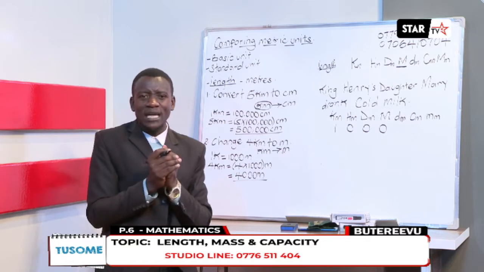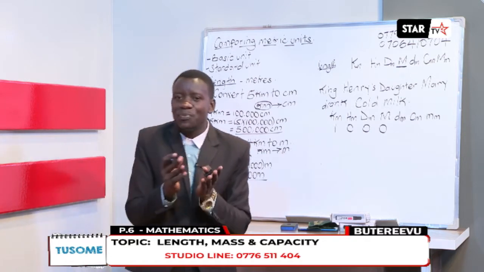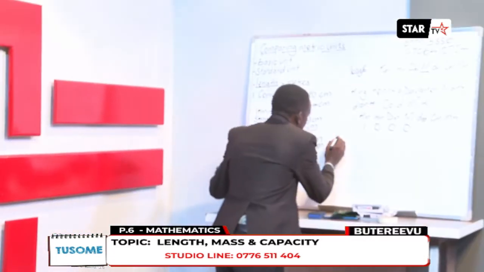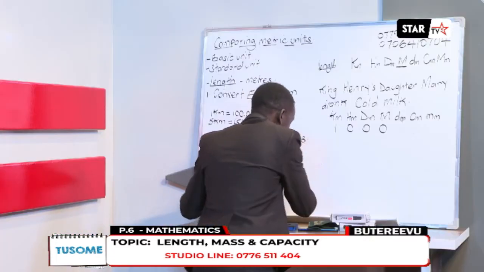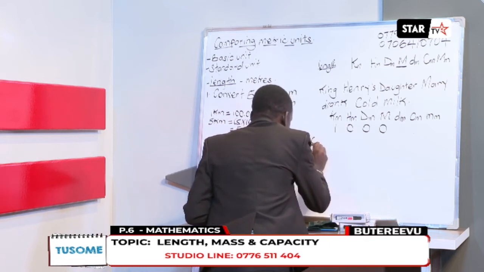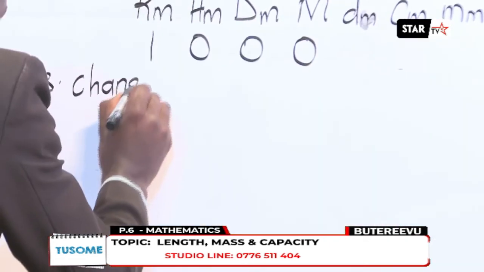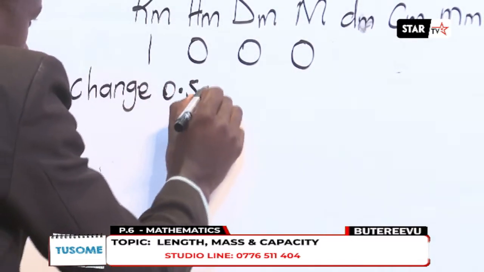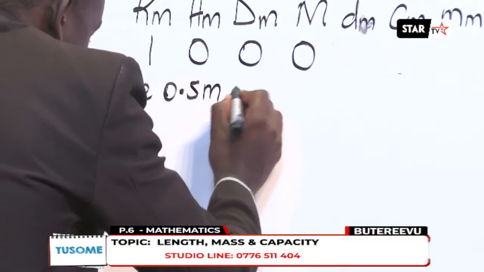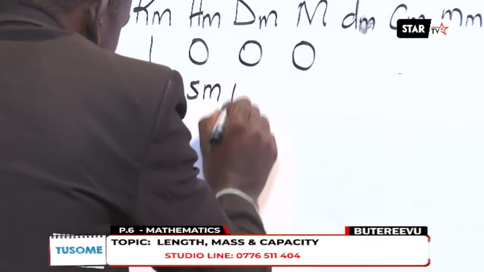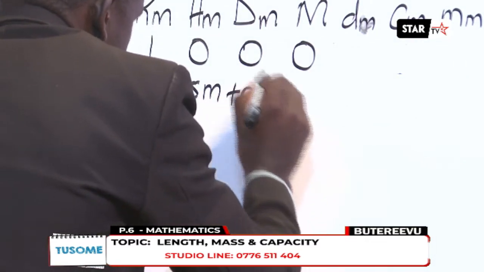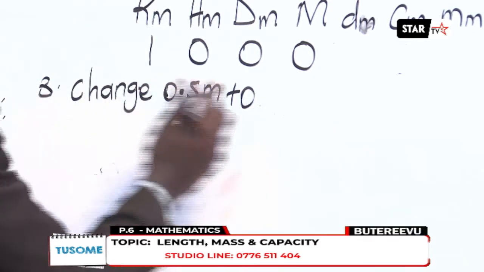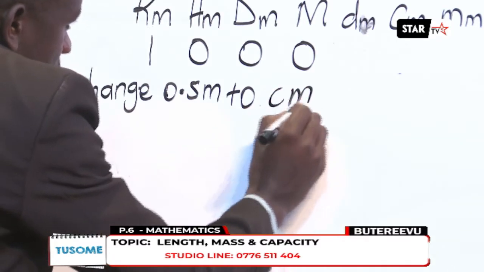I hope you're noting down all these examples. I want us to look at a simple number as our example 3. Change 0.5 meters to centimeters.